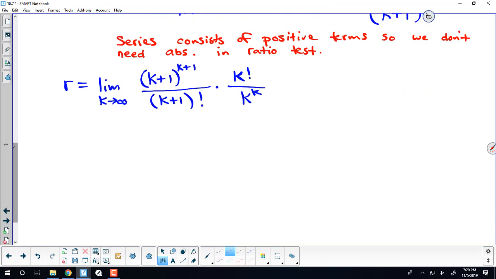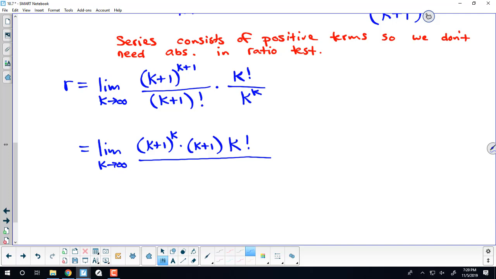All right, so we're going to break this up a little bit further, limit at infinity. We're going to write k plus 1 to the k plus 1 as k plus 1 to the k times k plus 1, times k factorial. We're going to rewrite the k plus 1 factorial like we did in that last example.